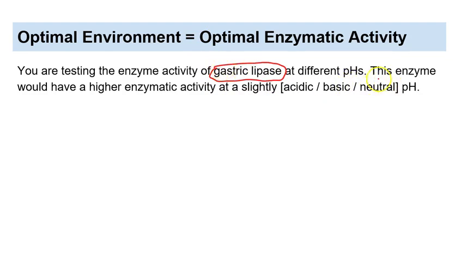So the enzyme would have a higher enzymatic activity at which pH? Slightly acidic, basic, or neutral? Obviously, think about the environment of the stomach, as this enzyme is working inside the stomach. It should have the higher enzymatic activity in the acidic environment.